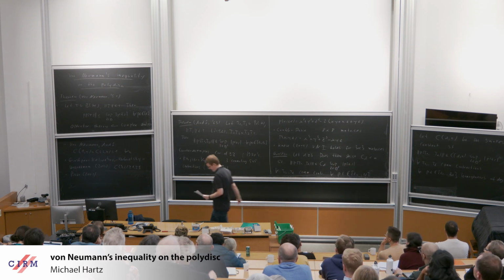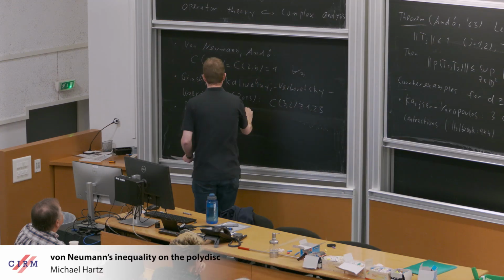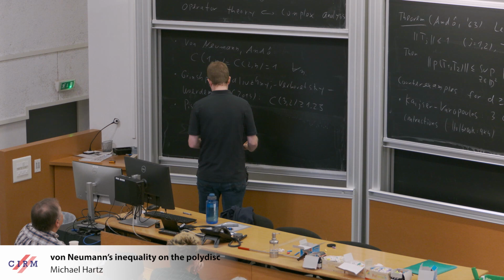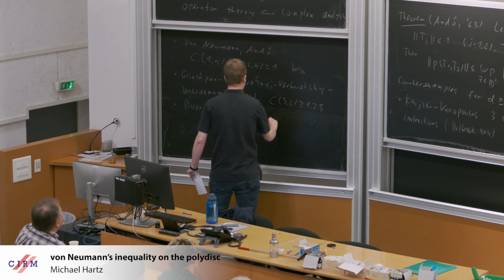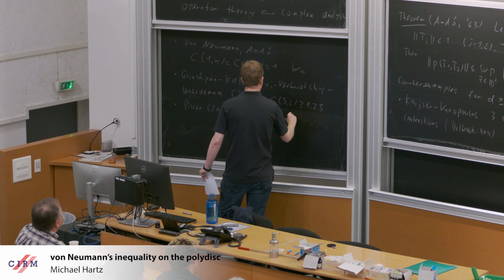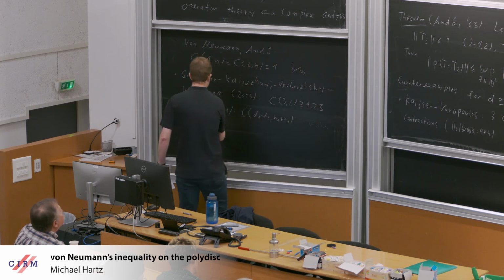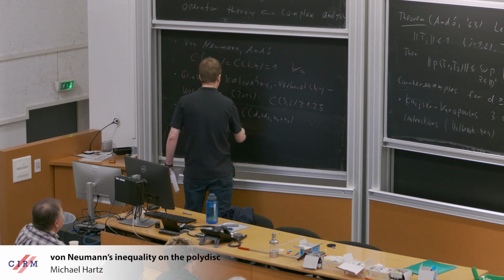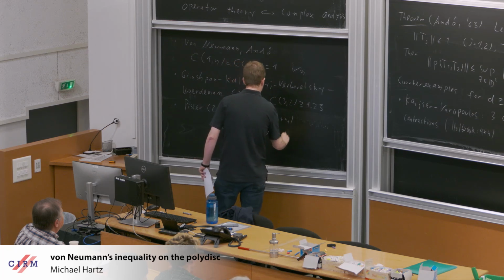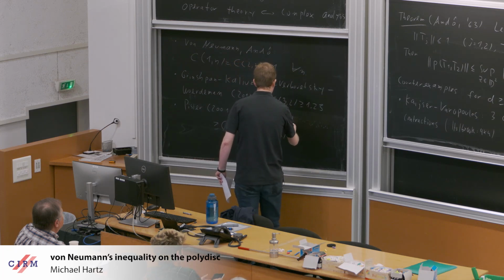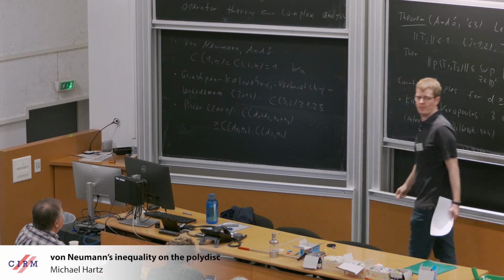He didn't quite phrase it in this way, but in this language, what his construction gives you is that C_{D1+D2, N1+N2} is at least as big as C_{D1,N1} times C_{D2,N2}.